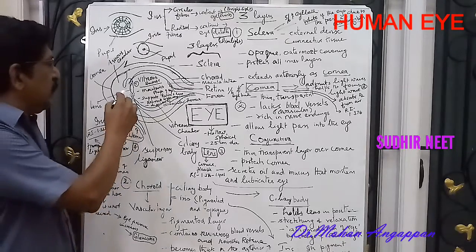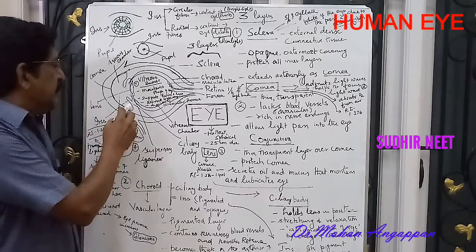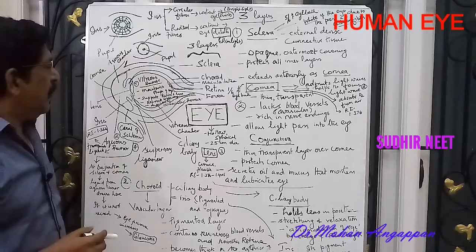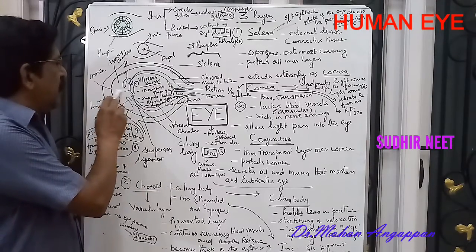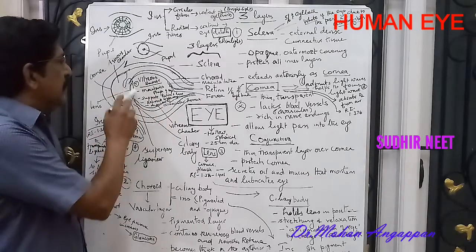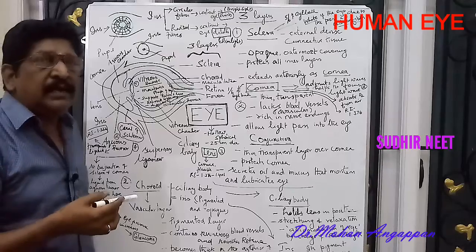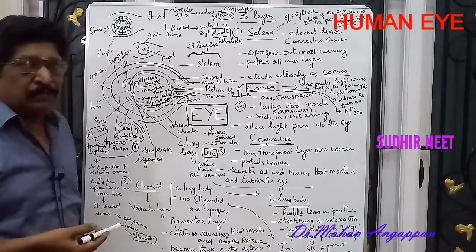So when this canal of Schlemm is blocked, the liquid cannot drain into the canal of Schlemm. The pressure of the liquid exceeds and it presses the eye and the lens, and it leads to the disease called glaucoma, the excess of intraocular pressure.